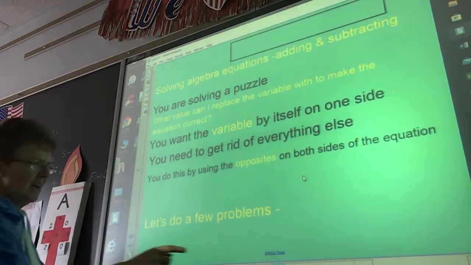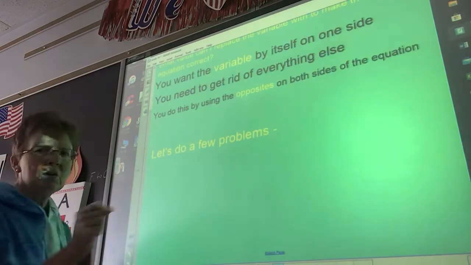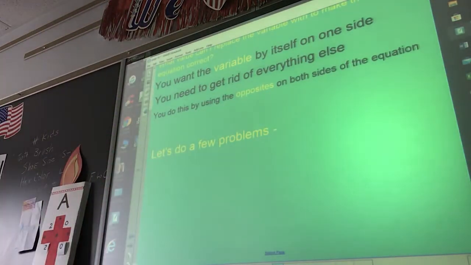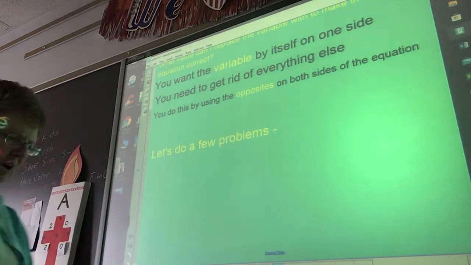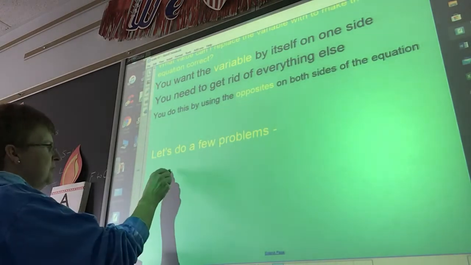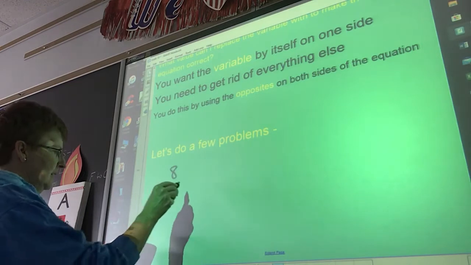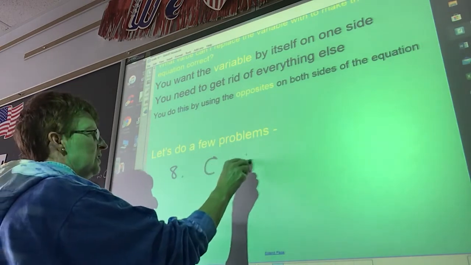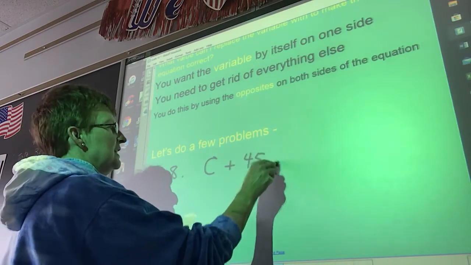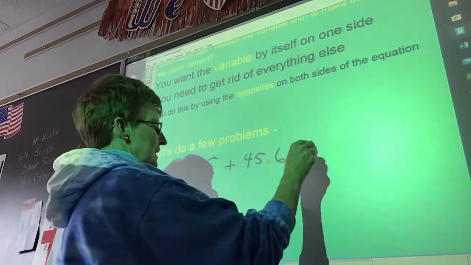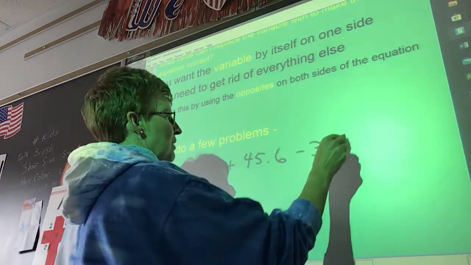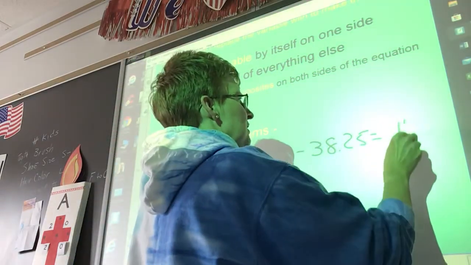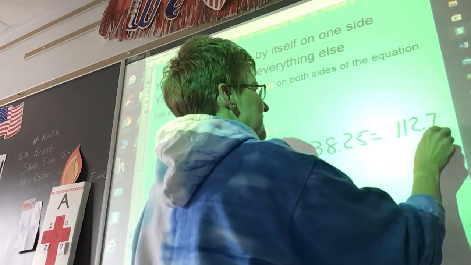So I'm going to do two problems that are in your book, and if you follow along with those problems, it will help you to be able to solve them. I'm going to do number 8, and number 8 is C plus 45.6 minus 38.25 equals 112.76.